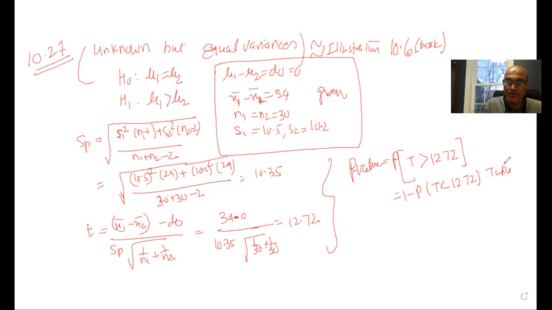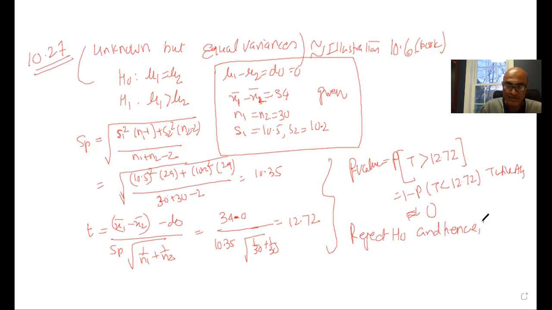From table A4, that is almost 1, so most likely you're going to get 0. Hence, we reject H0.